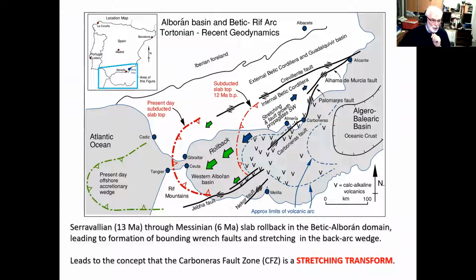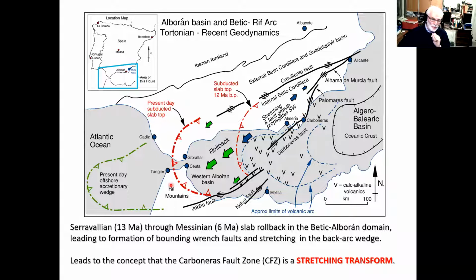So there's another sort of more complete cartoon-like overview. We've got the accretionary complex, which is offshore to the top of the subduction zone where it is now. This is where the subduction zone top was estimated to be at about 12 million years before the present. Here we've got these two bounding faults, the Transalbaran shear zone and the Corriente internal external zone boundary with their opposite senses of slip.